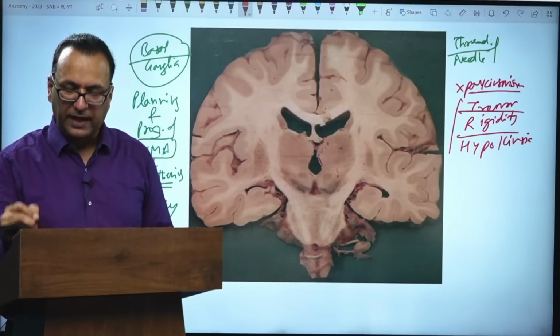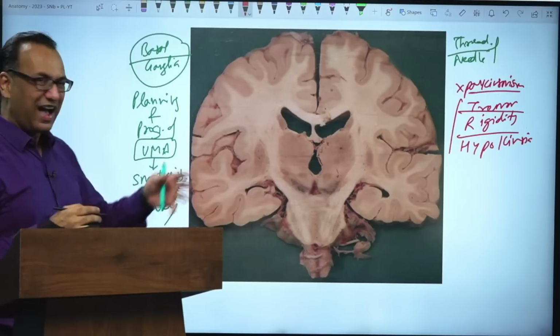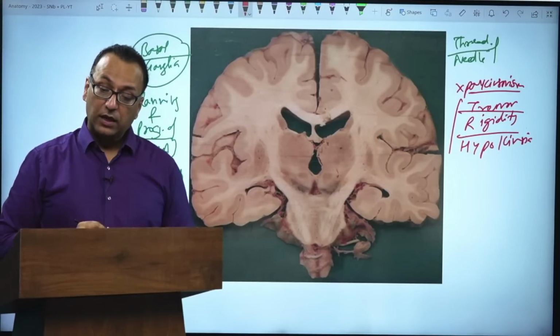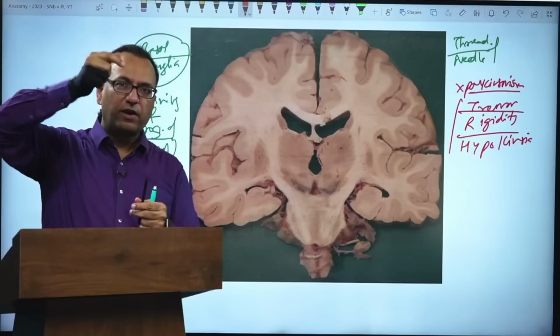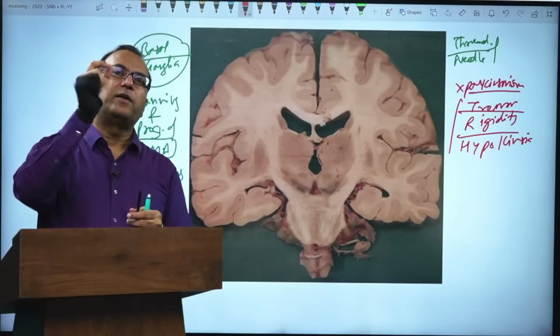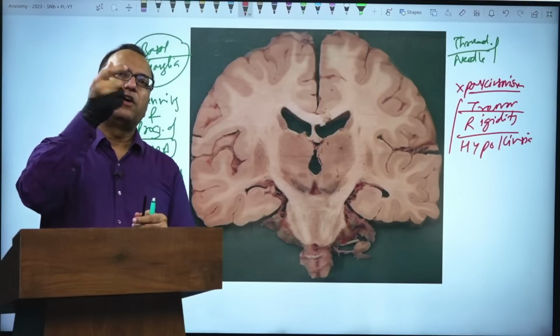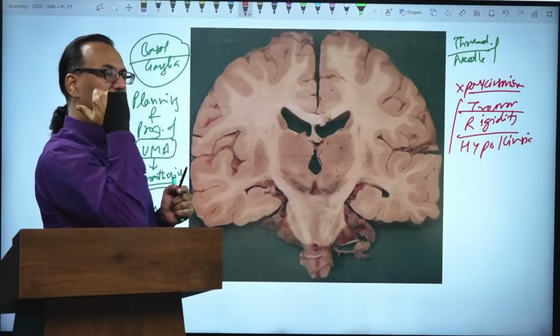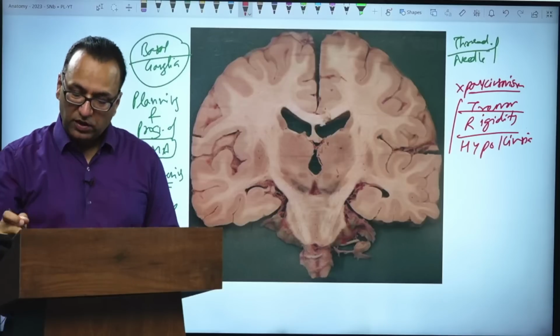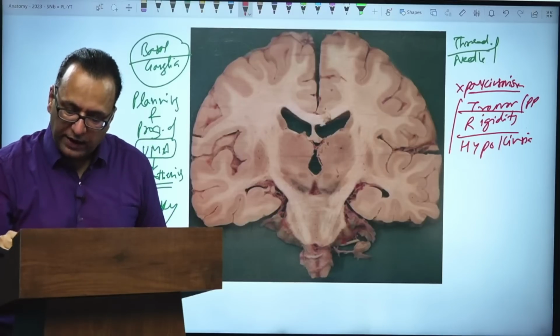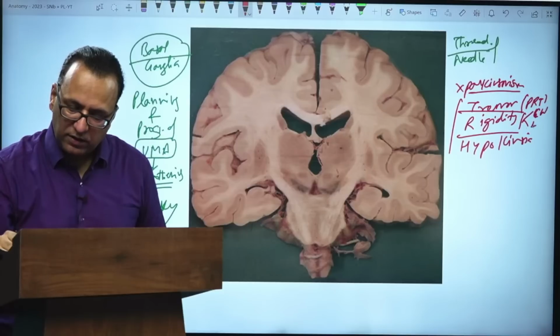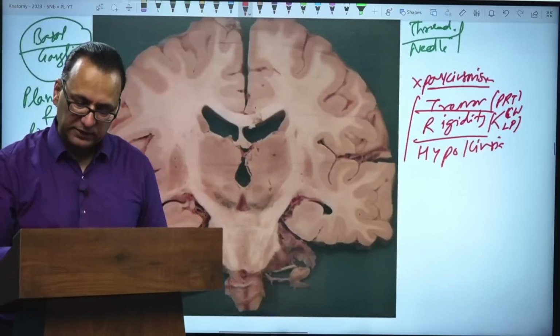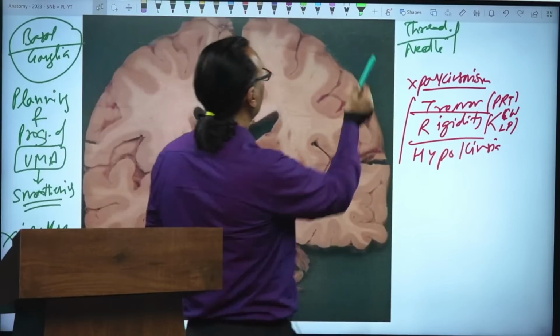And these people cannot, of course, thread a needle. How can you thread a needle when you are having a pill rolling tremor? Pill rolling tremor, and rigidity, cogwheel rigidity or lead pipe rigidity. These are the problems these patients can have.